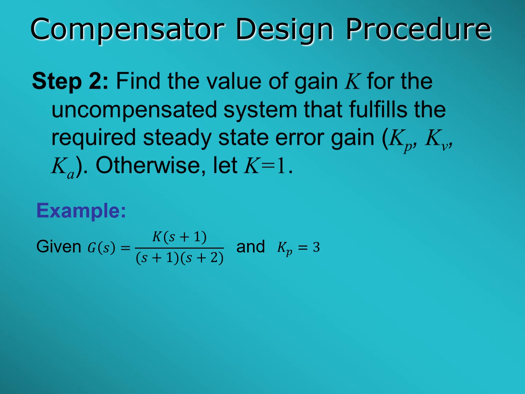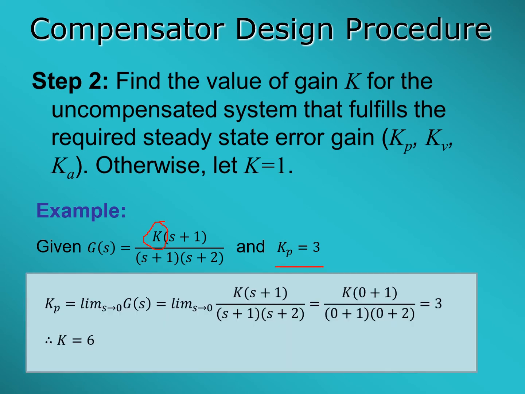Given a G of s, the system as follows, and it requires you to find K if Kp equals 3. So how to solve this one? Back to chapter number 4, you can use this formula. Since Kp equals 3, finally you can calculate that K equals 6.